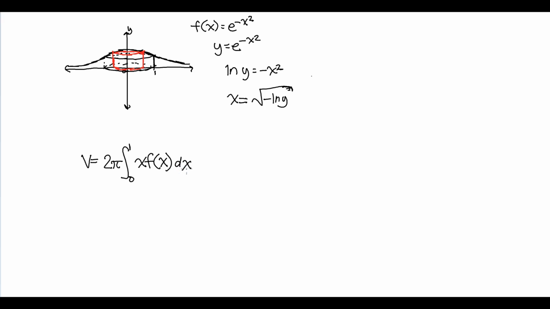So what is our radius? The distance from the axis of rotation to our function will simply be x. And the height will be f of x.